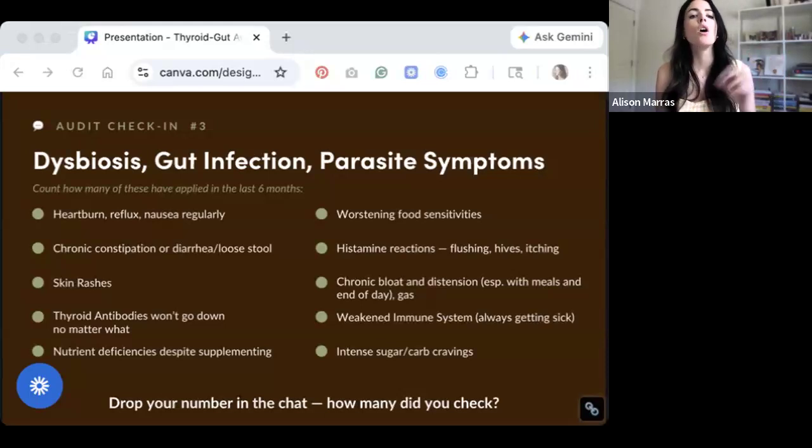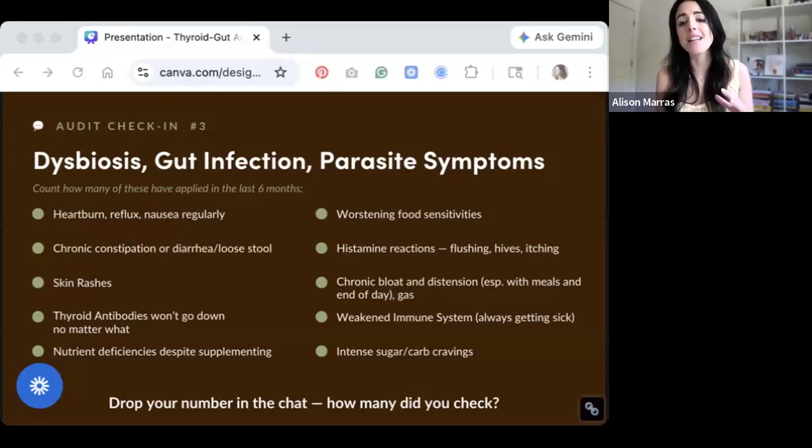Okay. Chronic constipation or diarrhea or loose stool, skin rashes, thyroid antibodies that will not go down no matter what, nutrient deficiencies despite supplementing, worsening food sensitivities. I have a typo there. Histamine reactions, like again, the flushing, hives, itching, even sinus issues, stuff like that.